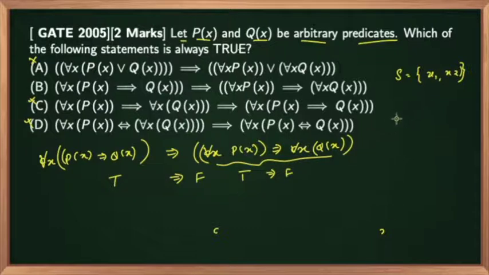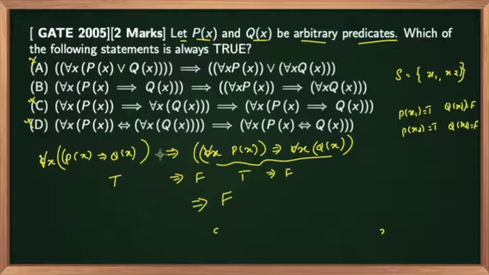That means I need to have p of x1 equal to true and p of x2 equal to true, and for q of x at least one value should be false. So I'm making q of x1 false and q of x2 equal to false. I know now the right hand side is false.